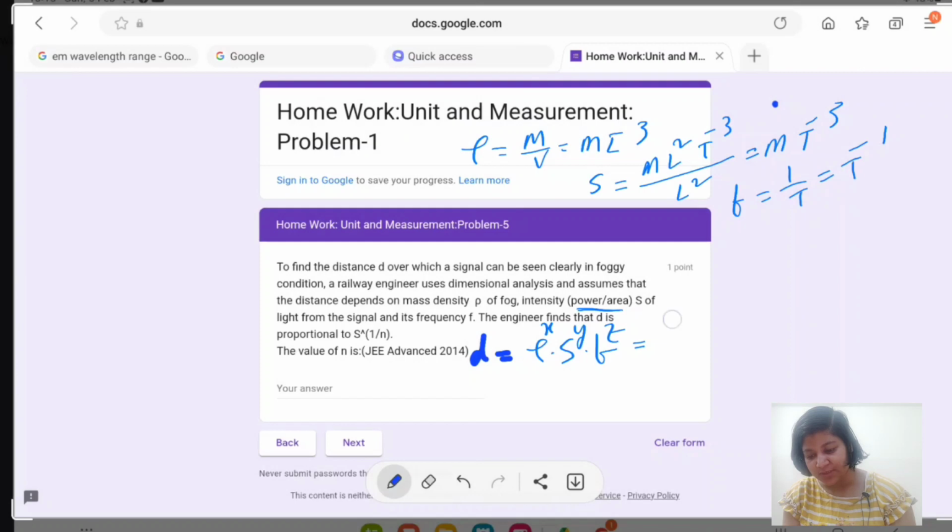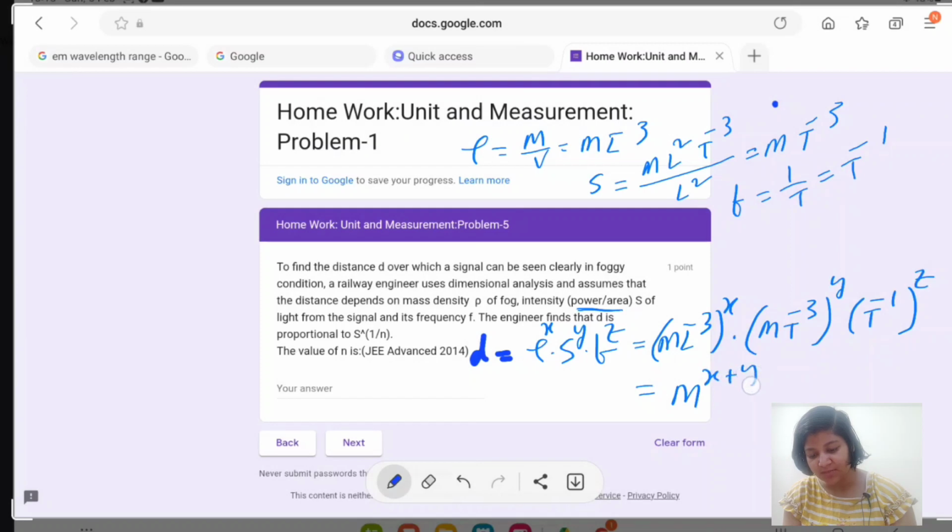Let us put these quantities together. So m L to the minus 3 to the power x. For intensity, m t to the power minus 3 to the power y, and t to the minus 1 to the power z. Let us now bring the powers of the similar quantities together. So m to the power x plus m to the power y is m to the x plus y, L to the power minus 3x, and there are no other quantities involving L. Let us now bring that of t as minus 3y minus z.